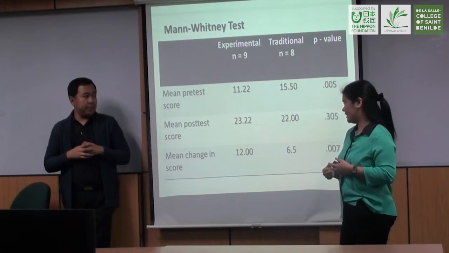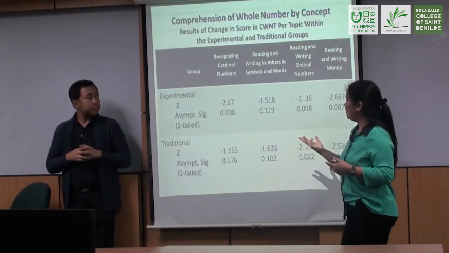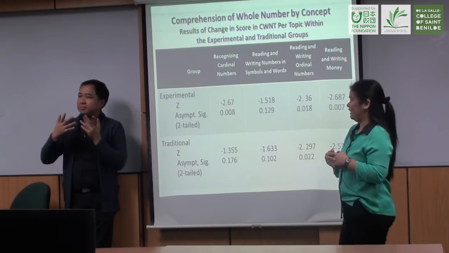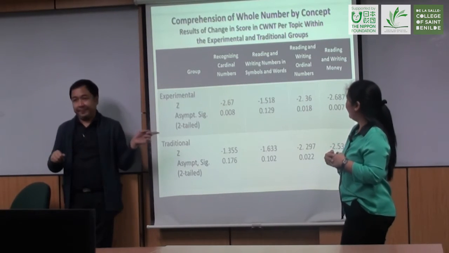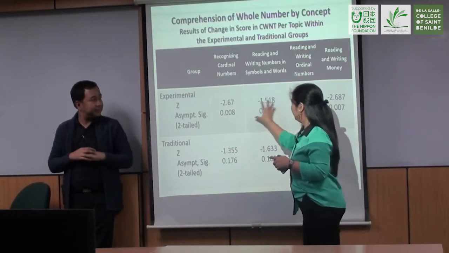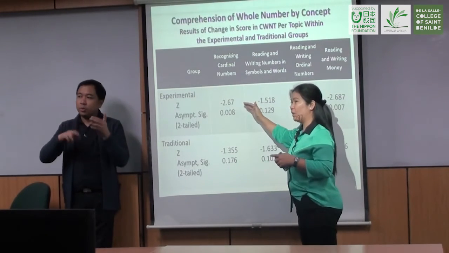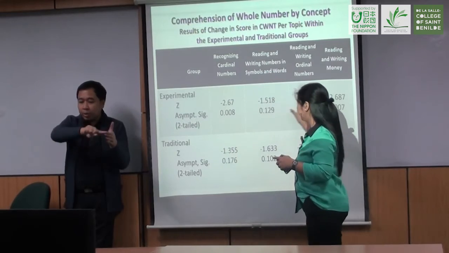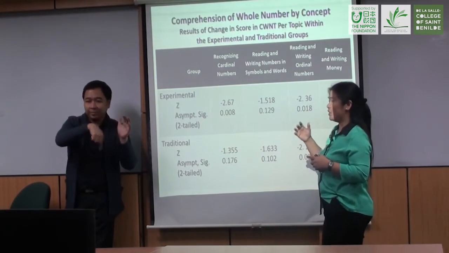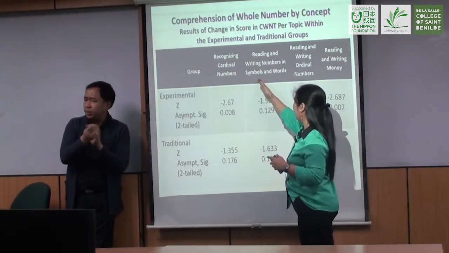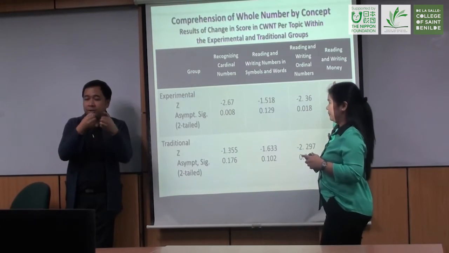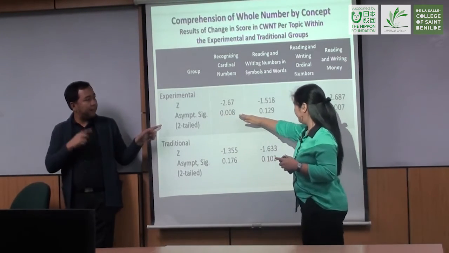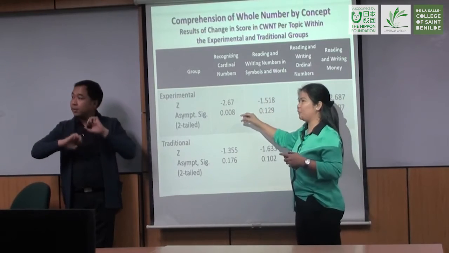Okay, but I have two more detailed results. This result is just comparing scores within the group and among the groups. The comprehension of whole numbers has these subtopics. For experimental, it's set at 0.05.